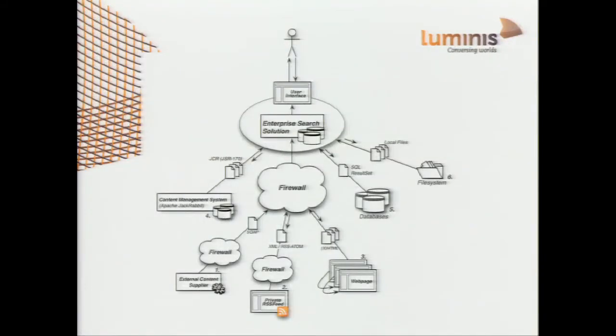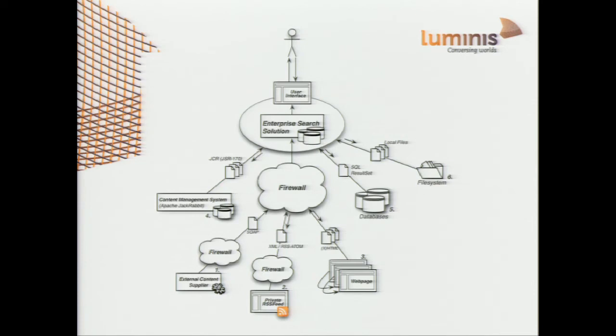But that's not the only thing that distinguishes enterprise search from Google search. What you see over here is a typical layout of all the information present in an enterprise. We have web pages, but also, behind the firewall, enterprise content management systems. We have a lot of databases with useful information in them.